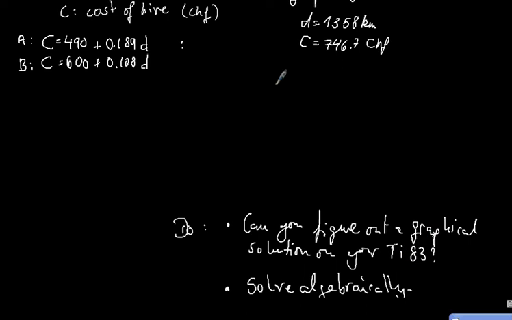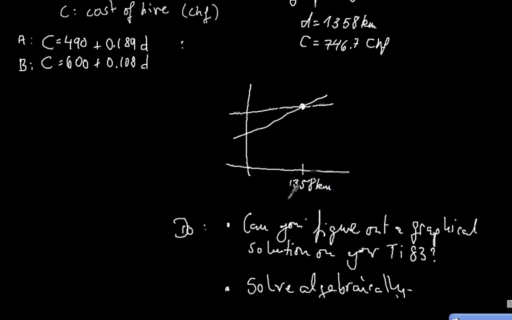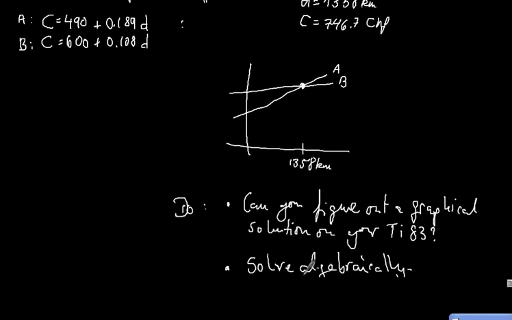Just as a reminder, we did a graph with one line and then the other one, and we looked for the intersection between the two, and we found that the critical distance here was 1,358 kilometers. That was car A and that was car B. And the second thing I'd like you to try out, which you can definitely do, is solve the system algebraically using your favorite method.